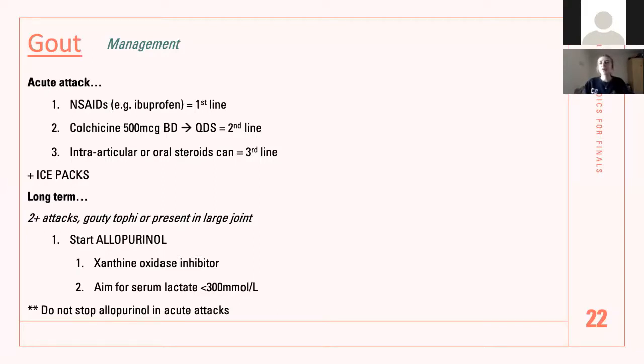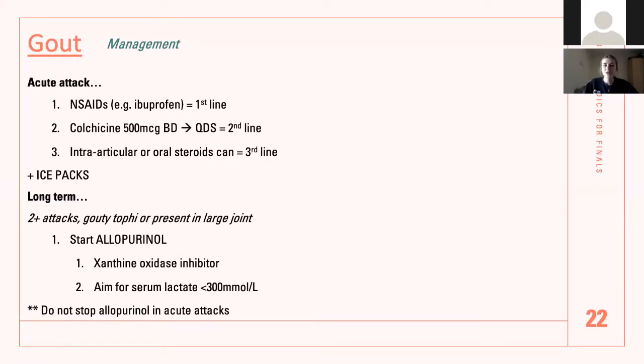It's also to be noted that colchicine causes GI upset in patients, so some patients can't tolerate it very well, so it's important to educate patients about this before prescribing it to them. You can then also give intra-articular or oral steroids, and that's more third line though, and also ice packs help these patients quite a lot.